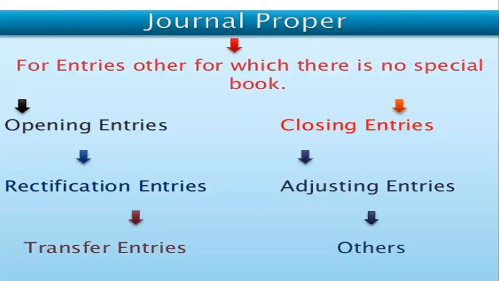This is a book of miscellaneous entries where adjusting entries, rectification entries, closing entries, opening entries, and transfer entries are prepared. Most of the time, the journal proper is prepared for miscellaneous entries. Of course, it will start with the opening entry and close with the closing entry.